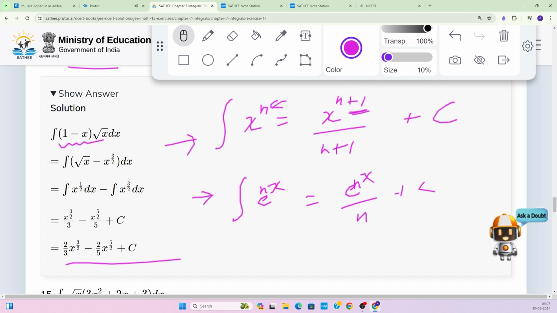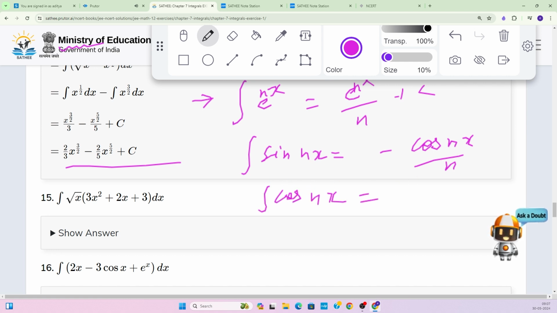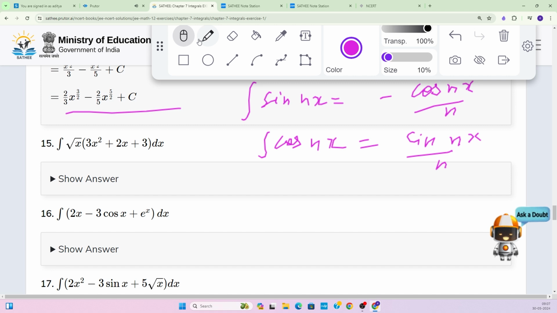In trigonometric form we know the sine nx and cos nx forms. Sine nx integration is equal to minus cos nx by n, and for cos nx it is equal to sine nx by n. Okay, so far we have used these four things. Okay, clear? Let us move to the next, 15th problem.